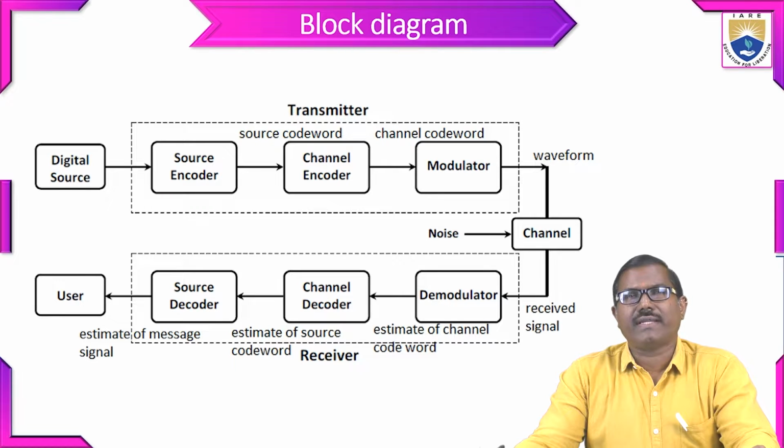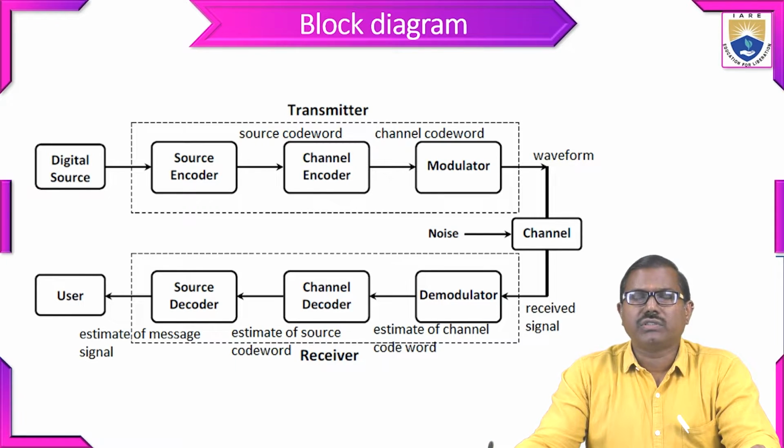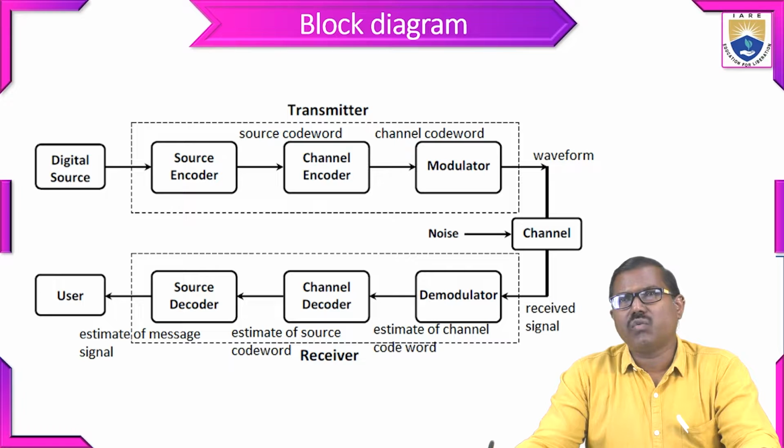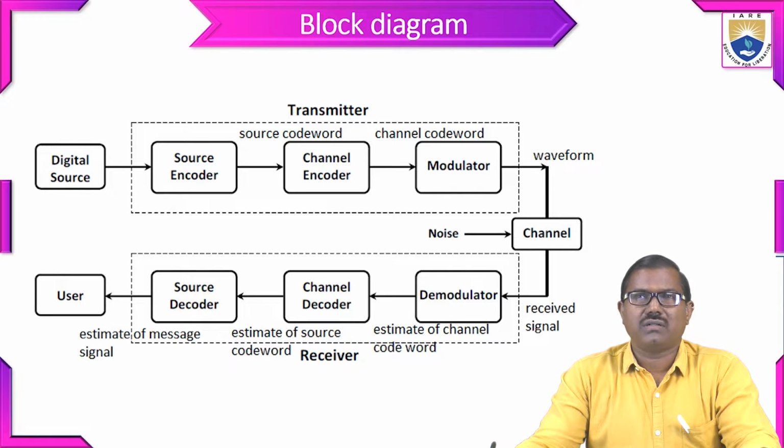This is the block diagram we use for the digital communication system. We must require a source, that is the digital source. The second block is a source encoder, then the channel encoder, and third is the modulator.